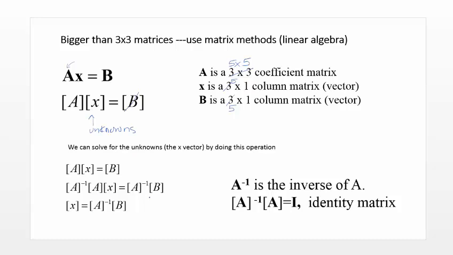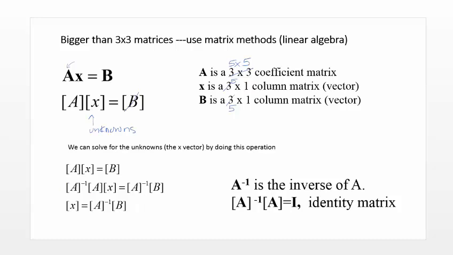And the way you do that, it sort of looks like algebra, but it's not quite. You multiply both sides by the inverse of A. So inverse A times A equals inverse A times B. Now, unlike algebra, this order matters. You have to have these in the same order.